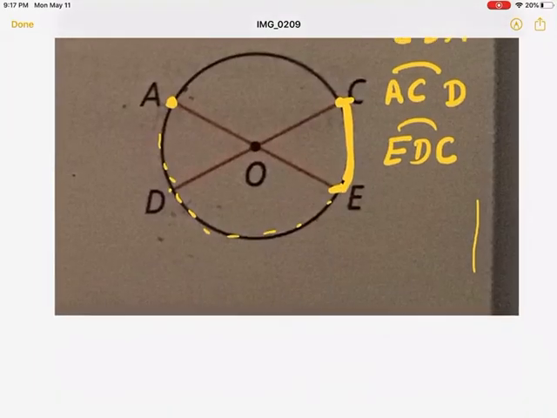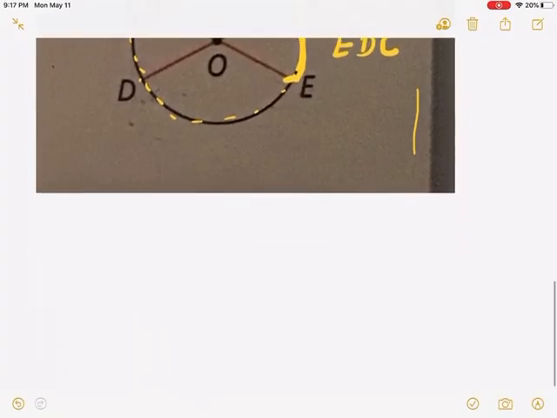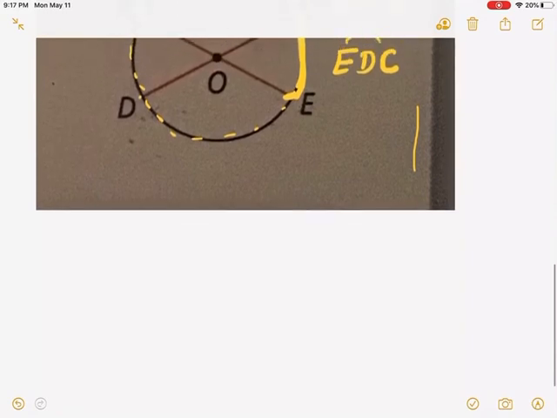Now let's move on to my next example. This next example is about finding arc measure. How do we measure any arc? Any arc measurement, I'm just going to name that, this is the symbol we put, M for the arc measurement.